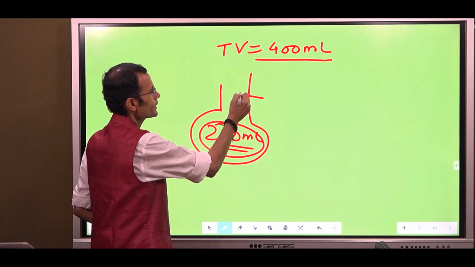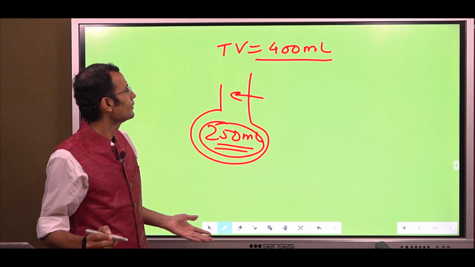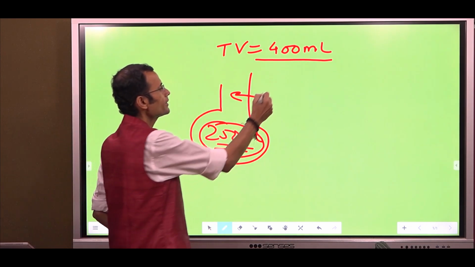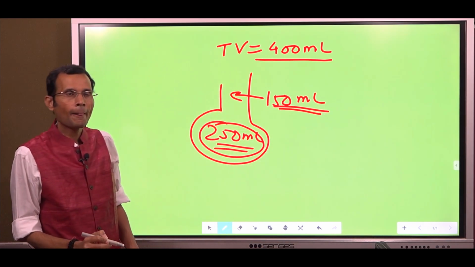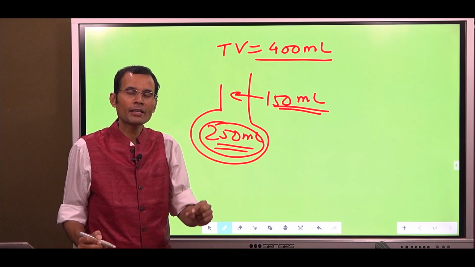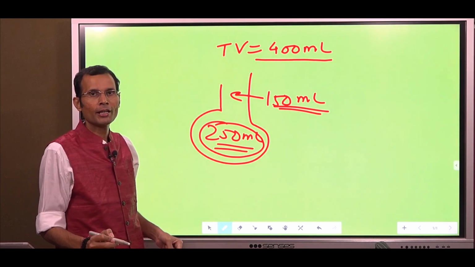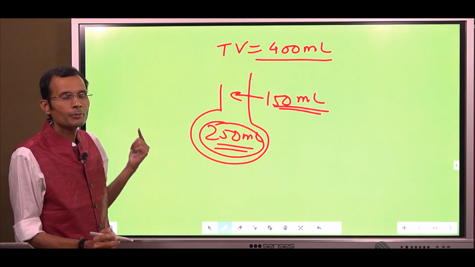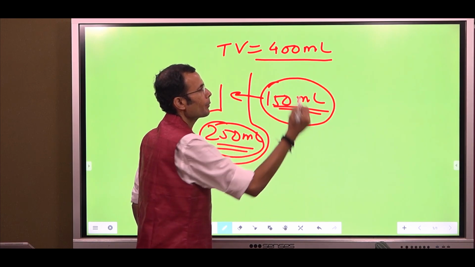So how much must have been wasted in the dead space? Come on now. Answer is 150 ml. 150 ml is the air that is wasted in the dead space, and 250 is reaching the alveoli. Okay. That means the dead space volume is 150 ml.